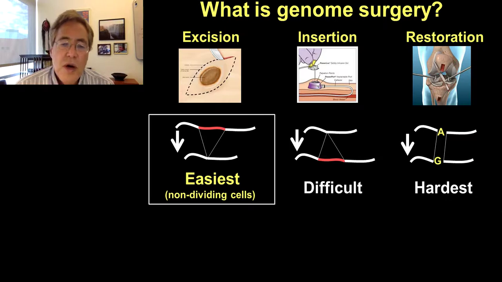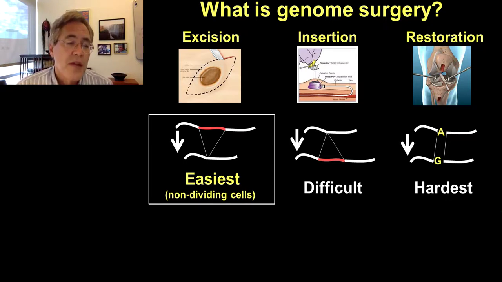On the right, you can think about restoration, and particularly a single base pair change from an A to a G, or insertion, where you actually could insert a piece of DNA as shown in the center, or one could think about excision, where, say, there's a diseased part as represented by the red area, and now that can potentially be removed.